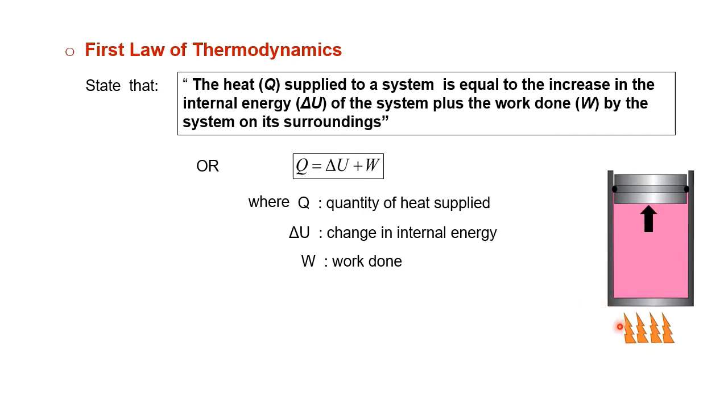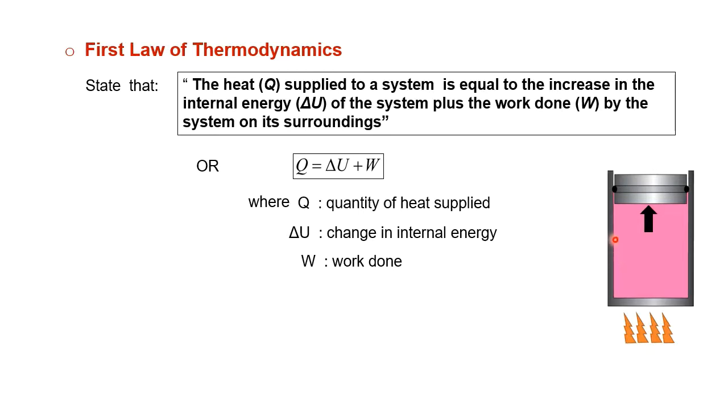Now, let's have a look at the diagram on the right side. Here is the heat supply. We heat up this gas, that means we supply heat into the system. What happens to the particles inside the gas when it is heated? They gain energy, right? So that's why the heat supplied equals the increase of internal energy of the system plus the work done by the system.